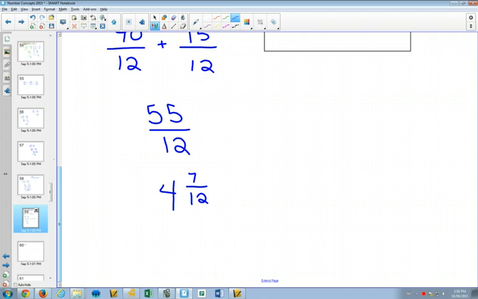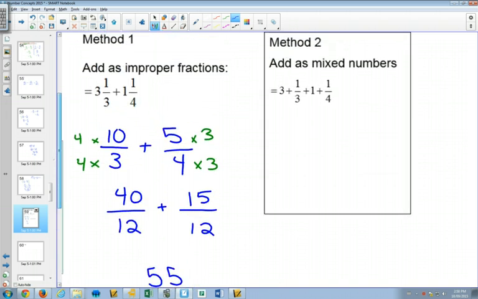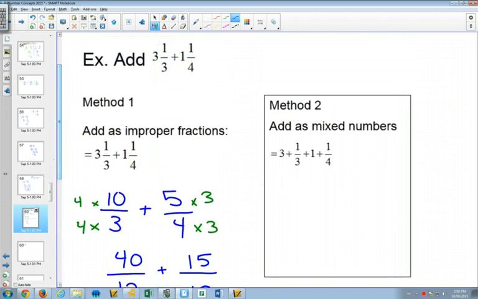The second method for adding mixed numbers is to write your 3 1/3 as 3 plus 1/3, because that's what 3 1/3 is. To write your 1 1/4 to be 1 plus 1/4, because that's what it is.